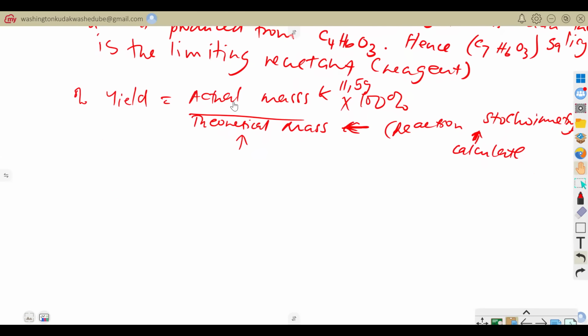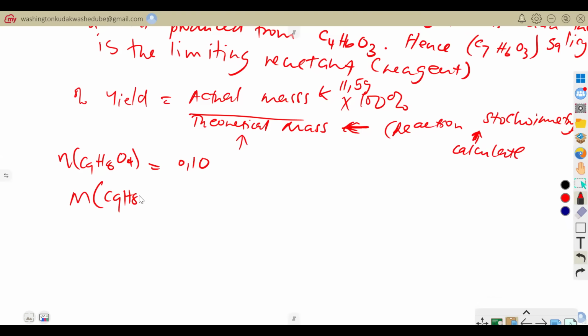So our theoretical mass, since we now already know the amount that is produced, we say the number of moles of the aspirin that is being produced. So we are looking at the number of moles of aspirin. That one has got 8, and then that one on top was having 4, and the number of moles is 0.10. So we need to calculate the molar mass of this.